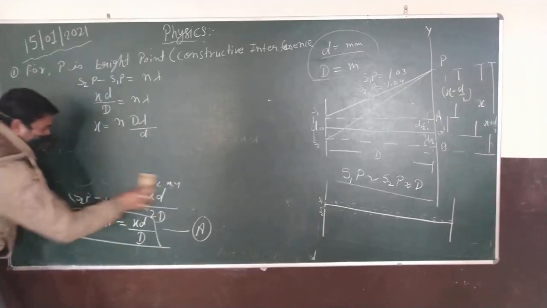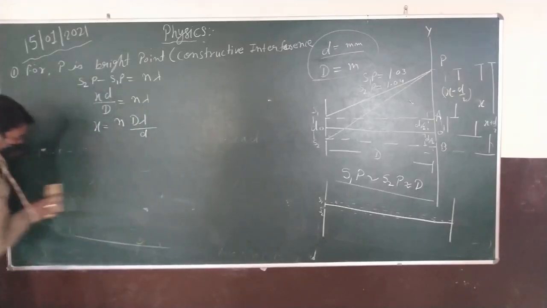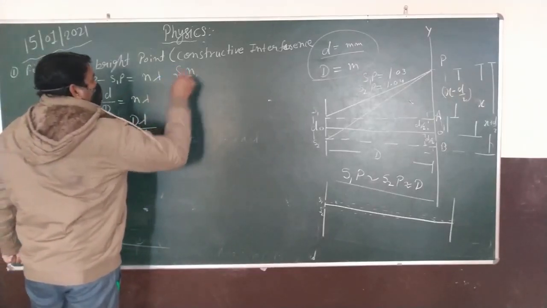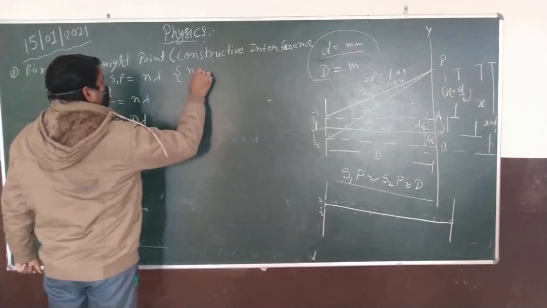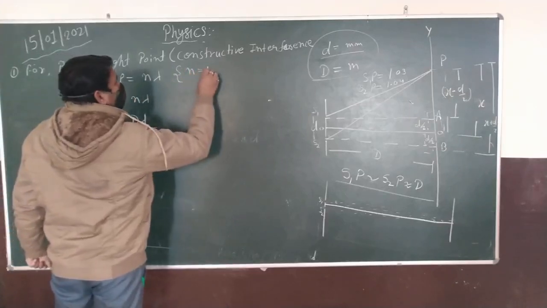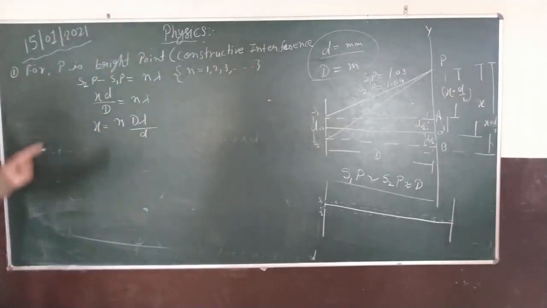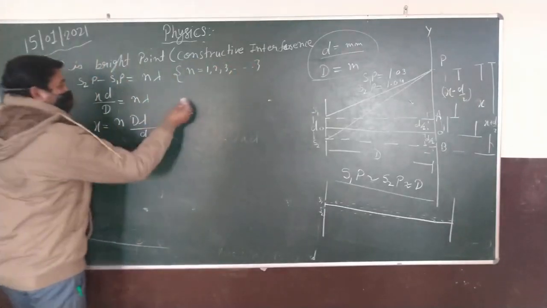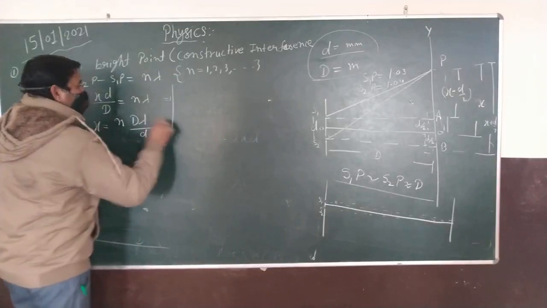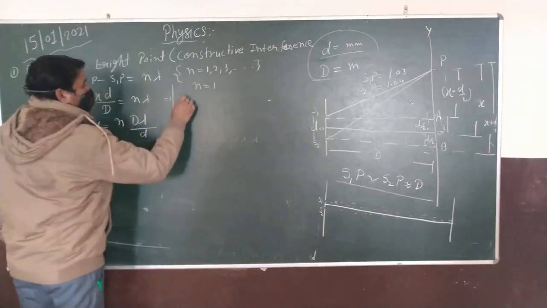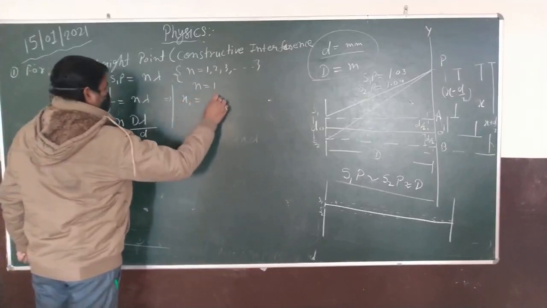Now here n is equal to 1, 2, 3 and so on. So when we use n is equal to 1, x1 is equal to D lambda by d.